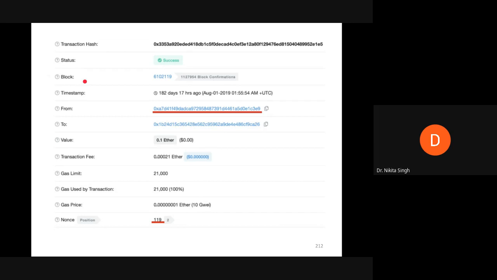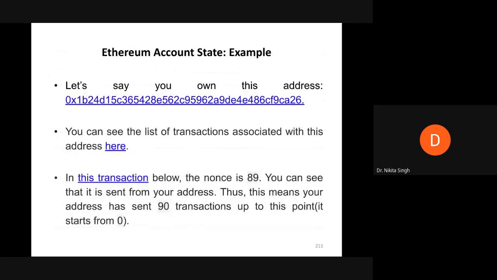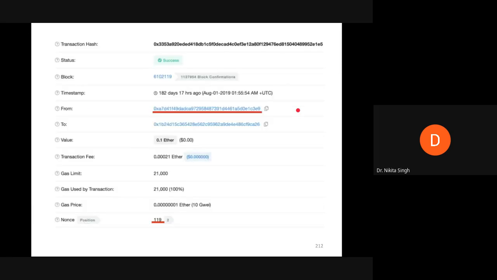Okay, so to make it easier, this is your account address, CA26. So this is our account address, yours and mine. Now, if you look at this example, your account address ends with CA26. Can you tell me, this nonce value is present as 119. Does this mean your address has sent 120 transactions up to this point? Anyone?